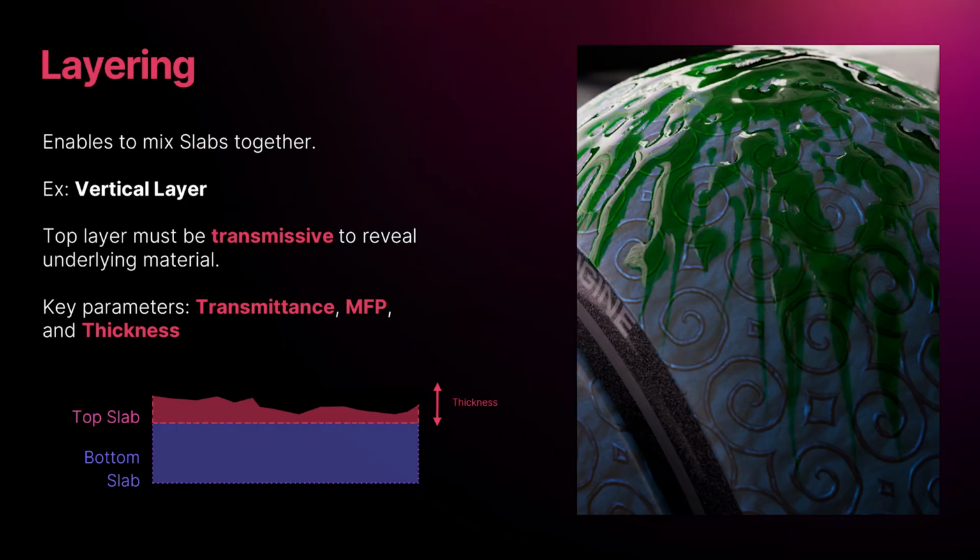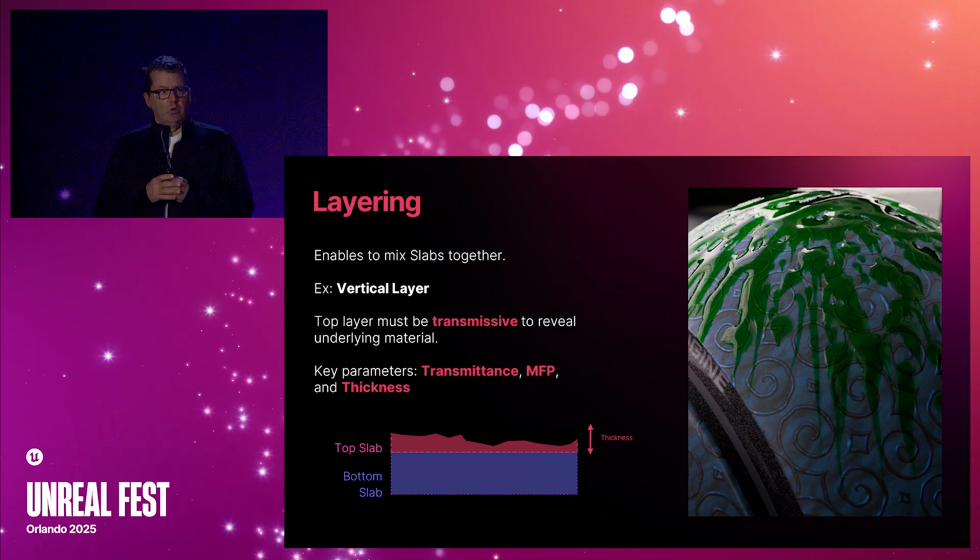On top of this base slab, you have layering abilities. In this example, we're using what we refer to as the vertical layer. You can stack materials on top of each other and give them depth, to create the effect of maybe paint dripping over another surface, or epoxy being applied on top of a piece of wood and things like that.